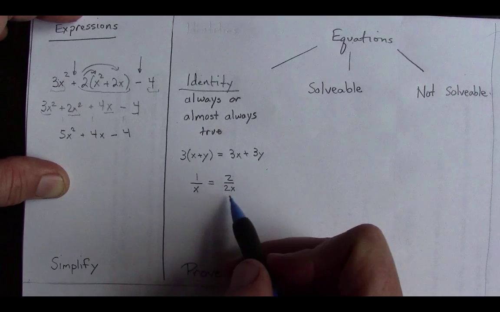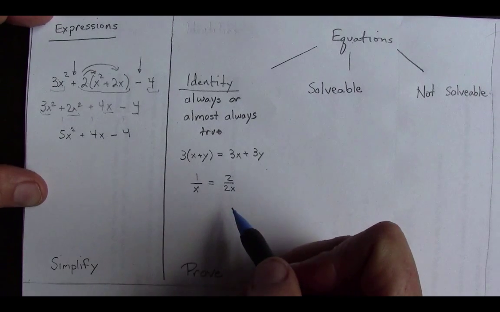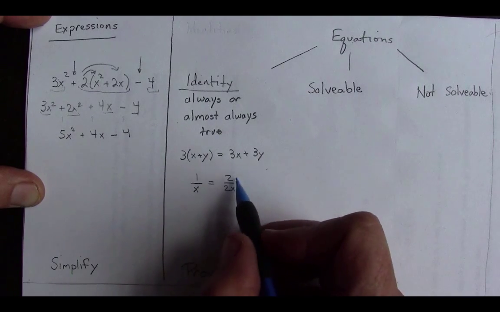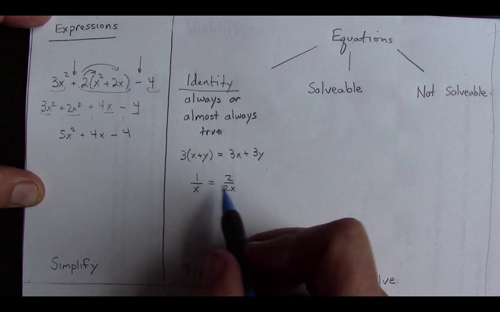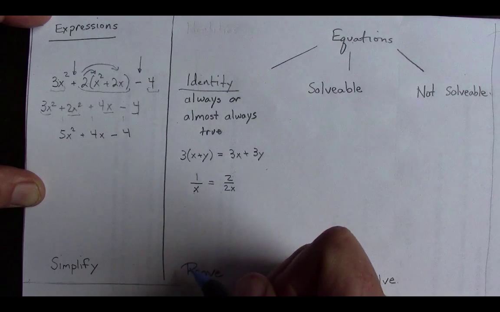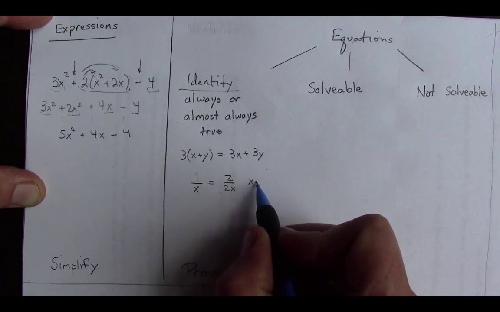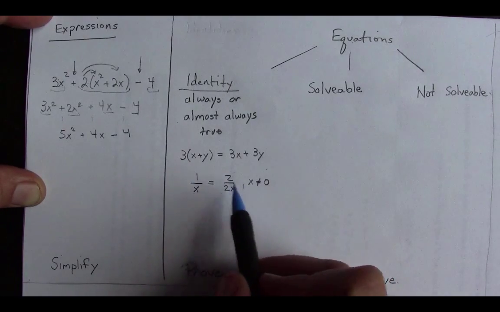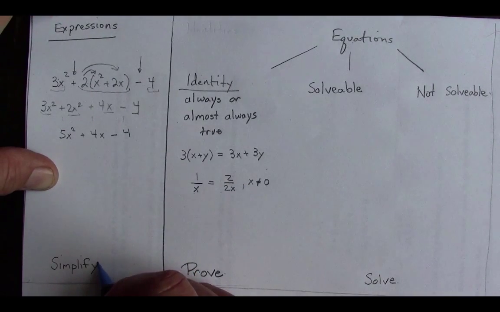Because on the right-hand side, we have a factor of 2 in the numerator and 2 in the denominator. So this fraction can be reduced by canceling these 2's, and 2 over 2x is the same as 1 over x. But this would not be true if x were 0. So this is almost always true except when x is equal to 0.